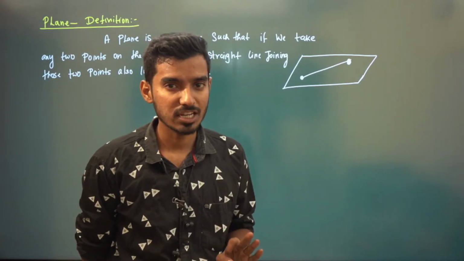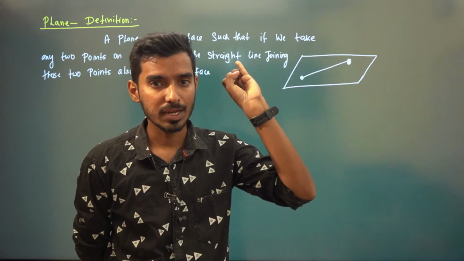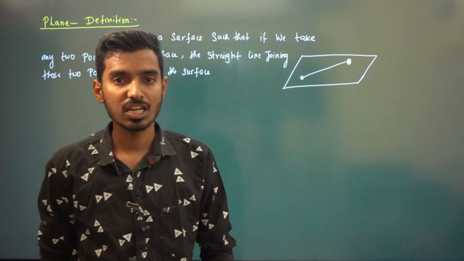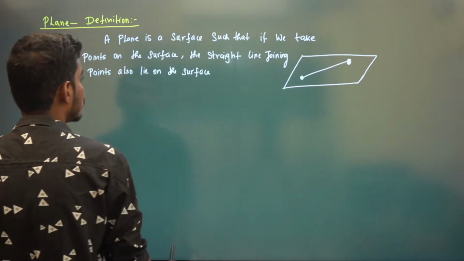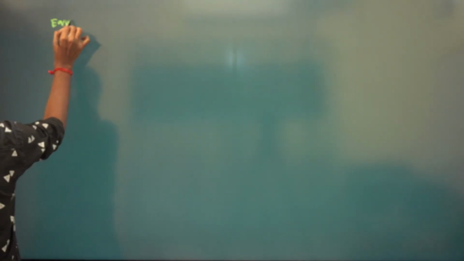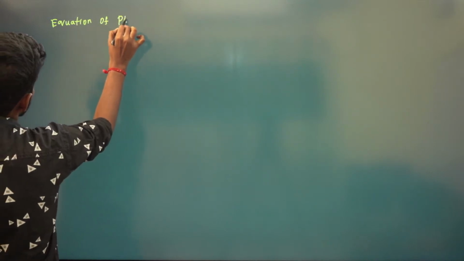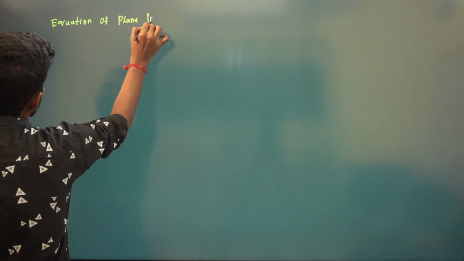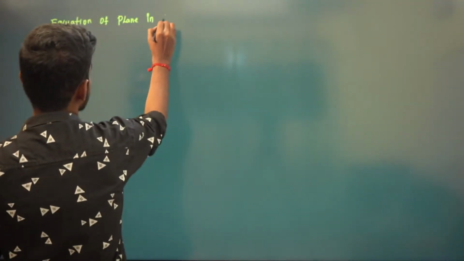So there are three equations of plane we have to derive now: equation of plane in normal form, in general form, and in intercept form. First we will derive the equation of plane in normal form.